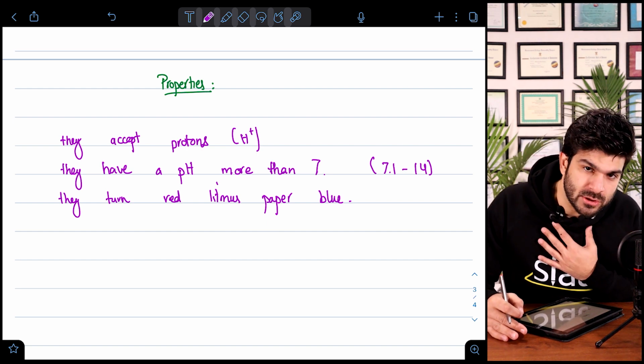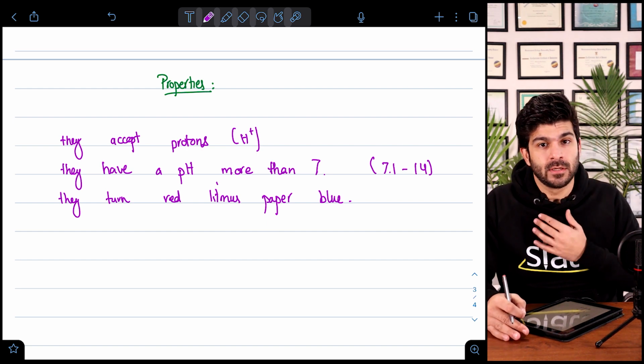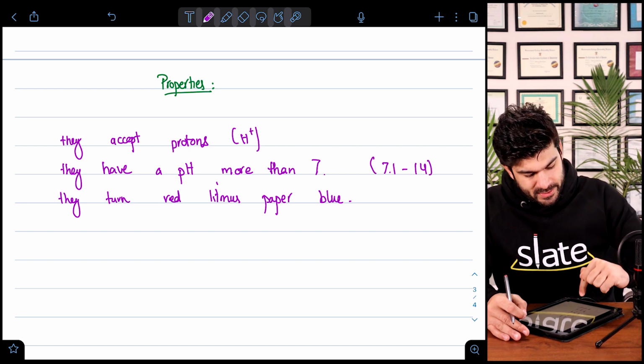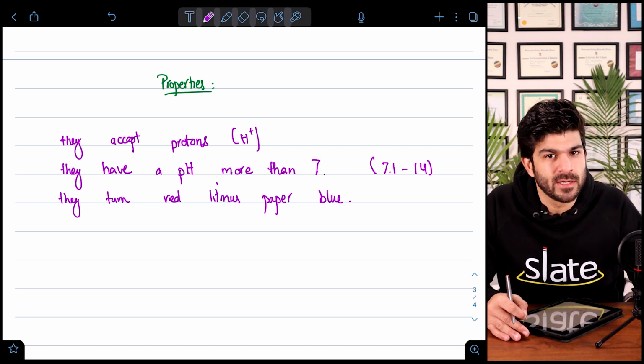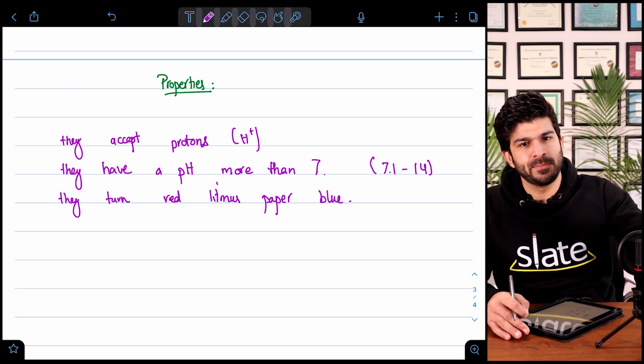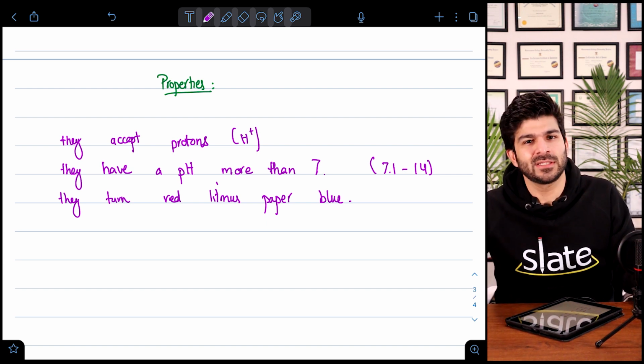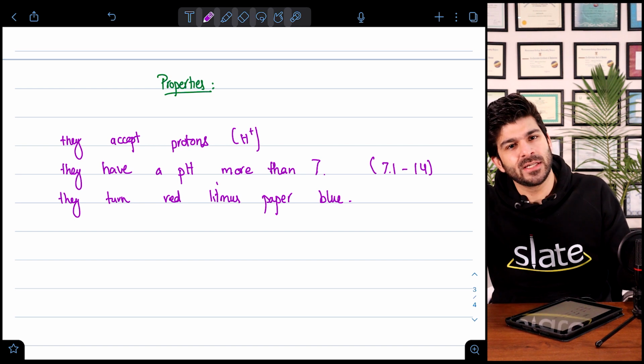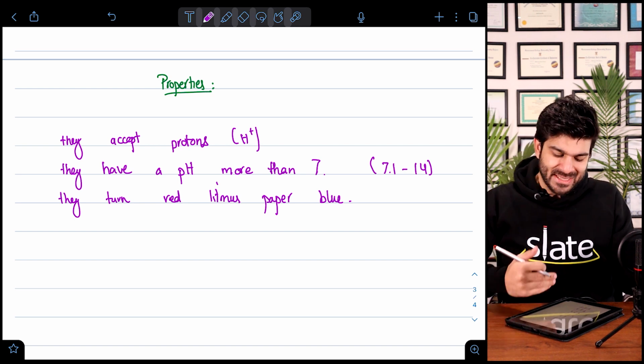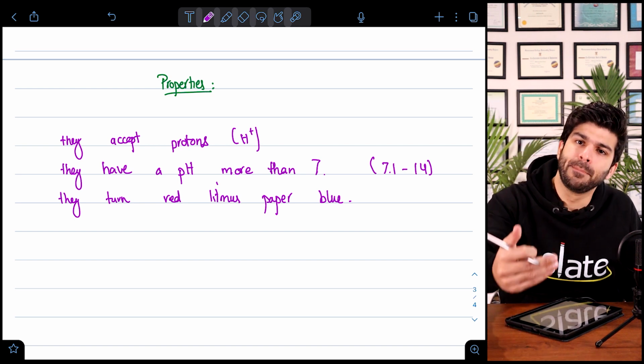When I was a student, I only remembered this property, not the property of acid. I remembered, okay, B for base, B for blue. For acid, the other one is red. So acids turn blue litmus red, bases turn red litmus blue.